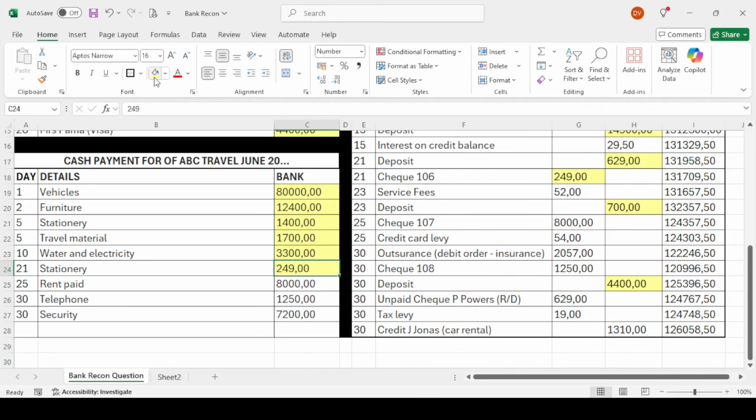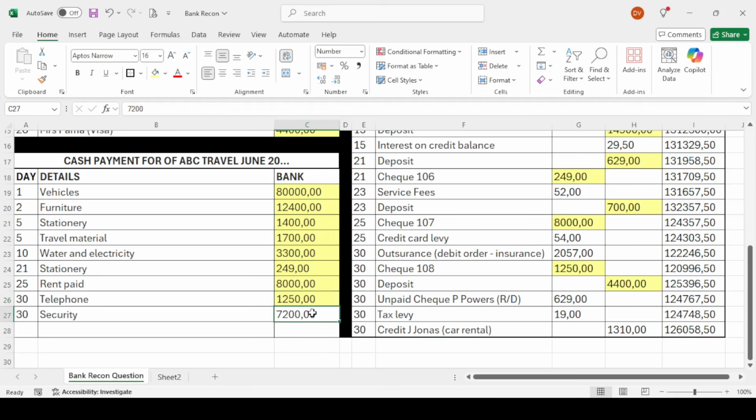You tick them off on both sides. Do you see 8,000 Rand? Yes, we can tick it off. 1,250 Rand. 1,250, yes. So you notice that we're skipping some values, right? Those ones, we're going to sort them out.